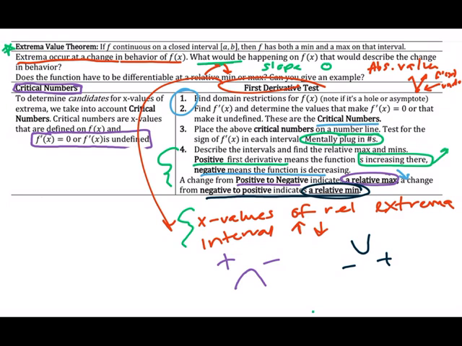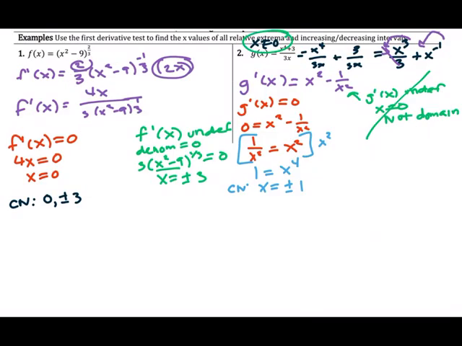So this sounds like a lot, but let's actually apply it to the two problems that we were just looking at. So on number 1, I'm going to take those critical values that I found and make a number line that just contains those 3 numbers. What I want to know is what's happening in the derivative before I get to -3, between -3 and 0, between 0 and 3, and after 3.